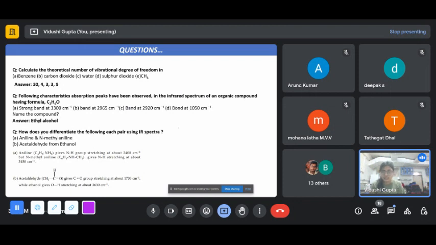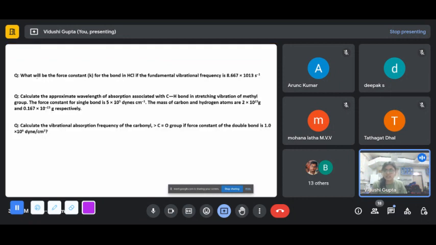Here for aniline, it's approx 3400. For N-methyl aniline, it's 3450 centimeter inverse. For acetaldehyde, the carbonyl stretching will be at 1730, and for ethanol, as it is OH stretching, it will be at 3630 centimeter inverse.